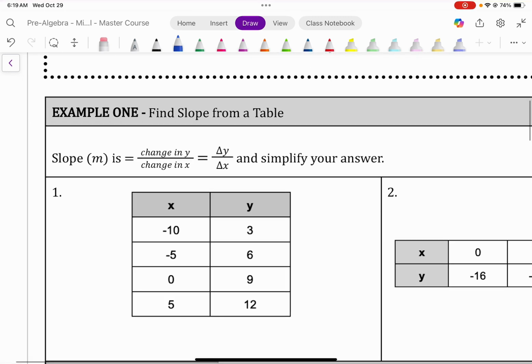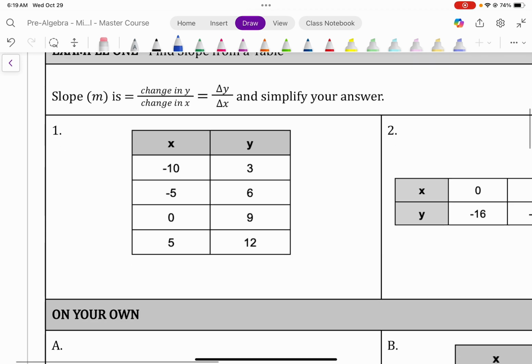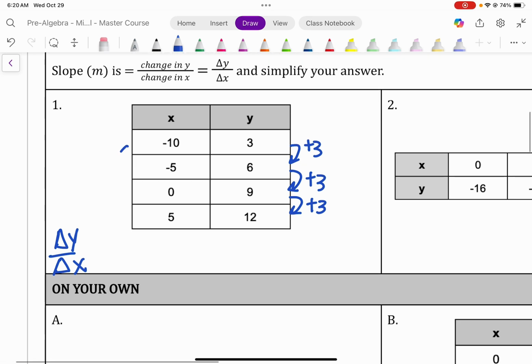Here we go. We're going to look at how each of these y values change. I'm going to start by writing change in y over change in x. To go from 3 to 6, I'm adding 3. 6 to 9, I add 3. 9 to 12, I add 3. So every time on the y side, I'm adding 3.